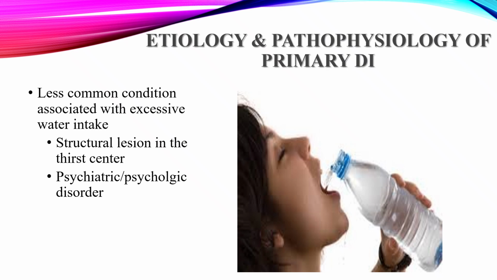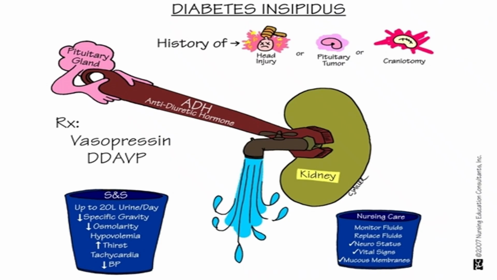This patient will be thinking they are dying of thirst. They are not dying of thirst, but that's what their body's telling them. Very often, we're going to be giving the patient a medication called vasopressin, or one of the pressins, to help the kidneys slow down their production of urine.